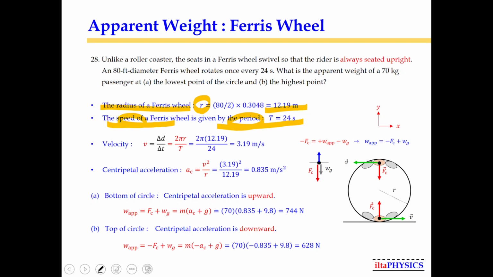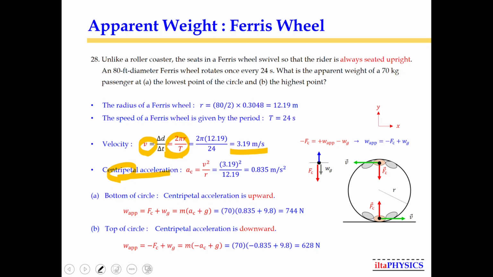Speed is the distance, the circumference, divided by the period of 24 seconds. Calculating this, the speed is 3.19 meters per second. It's convenient to calculate the centripetal acceleration first. Velocity squared divided by the radius gives a centripetal acceleration of 0.835 meters per second squared.